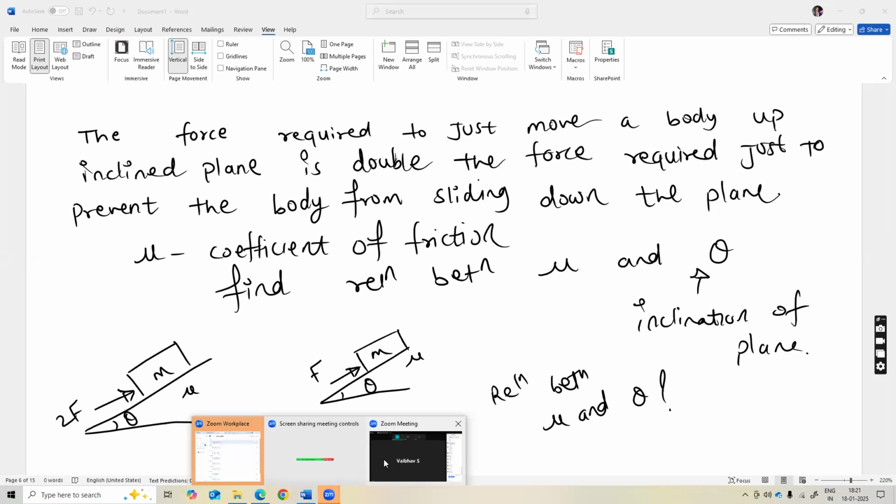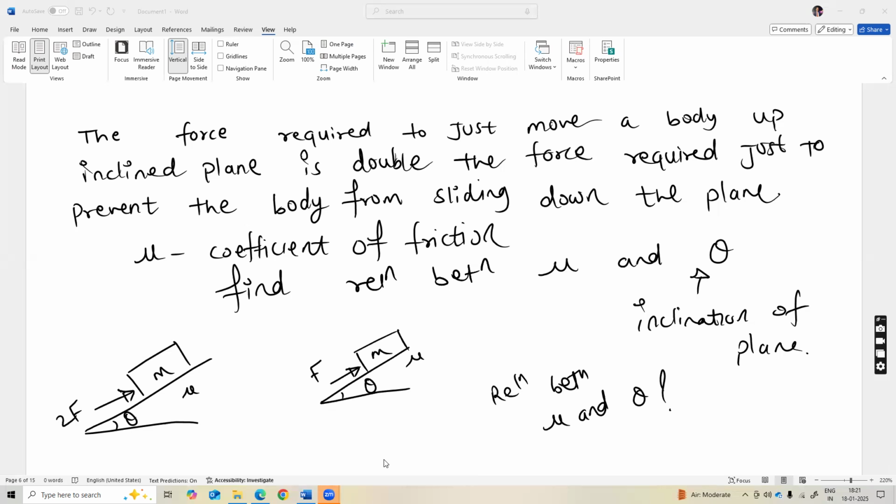Have you understood this question? Vaibhav, what about you? Have you understood what they are asking exactly?